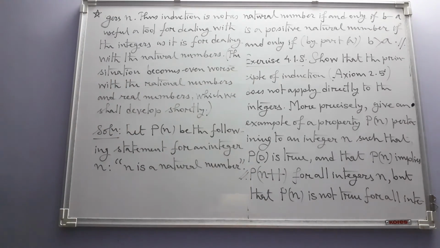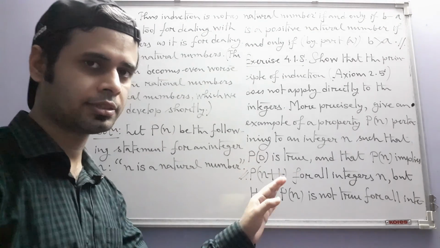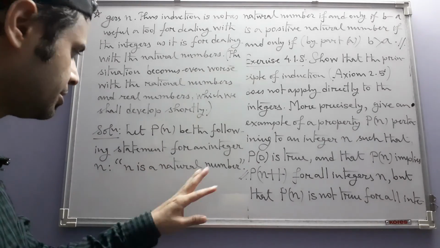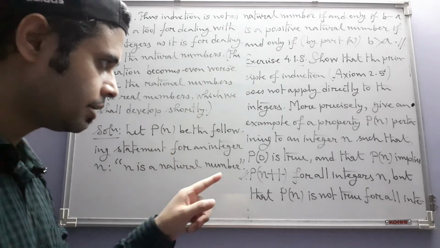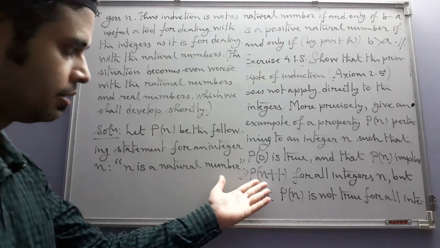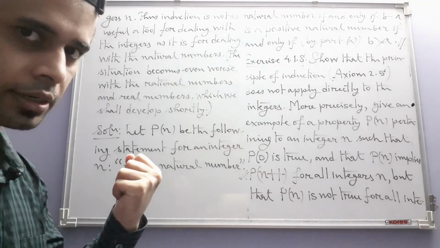We end the solution here itself, and now let us see whether we have achieved what we want. P of 0 is true because 0 is a natural number, and whenever P of n is true, if n is a natural number, then n plus plus, that is n plus 1, is also a natural number.